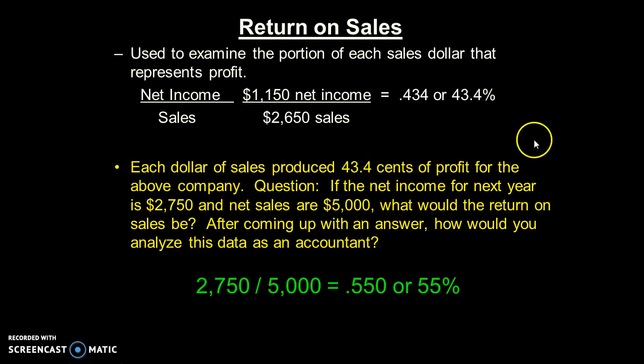That's awesome, 43.4%. It's a great profit margin. So all I care about is that you know the return on sales for this unit is net income divided by sales, or the revenue account. And it could be more, but usually it's just the sales or revenue account. Divide the two, and it gives you a percent, and that's how much you're making for every dollar of sales.